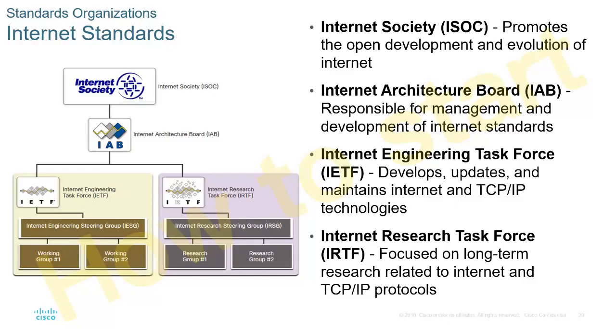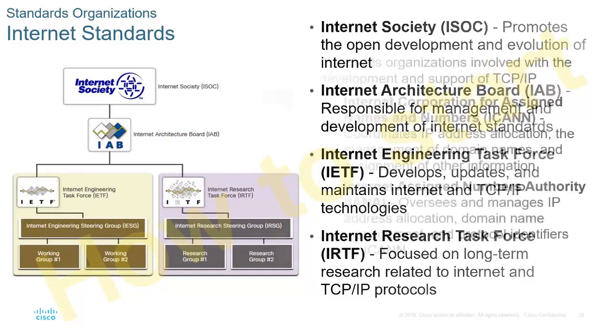The Internet Engineering Task Force will help develop, update, and maintain Internet and TCP/IP protocols, where the Internet Research Task Force focuses more on long-term research related to the Internet and TCP. So again, they structure this in such a way so that we have certain groups that govern how we function, how the Internet functions, how TCP/IP functions, and so forth.